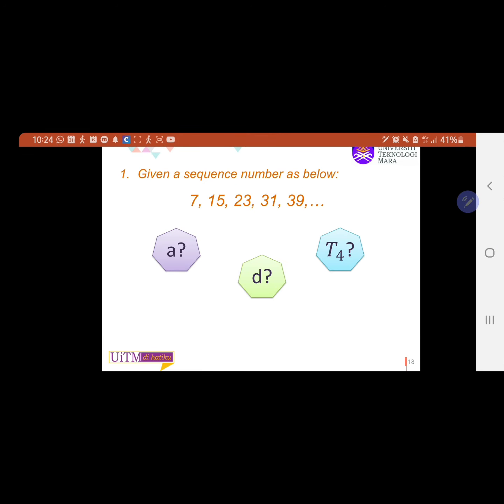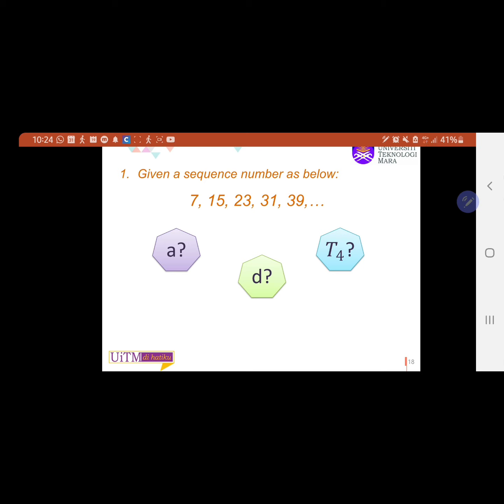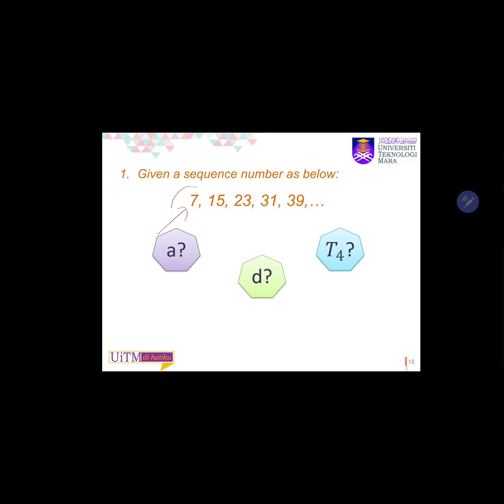Okay, now let's look at an example. Let's say now we have this sequence 7, 15, 23, 31 and 39, and so on. So what is your A? A is your first term, so A is 7. What is your D? D is the common difference.